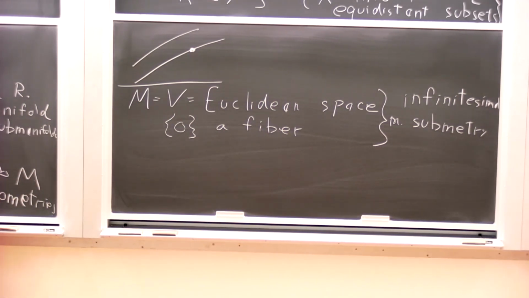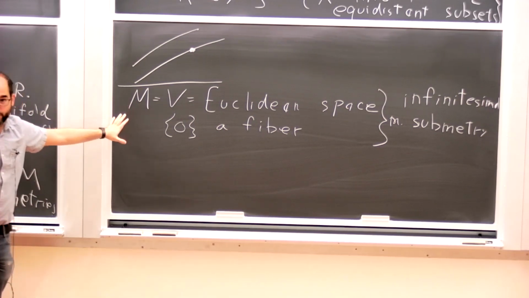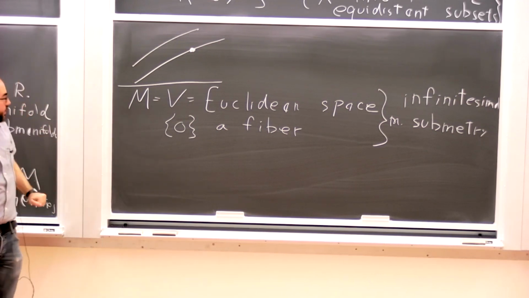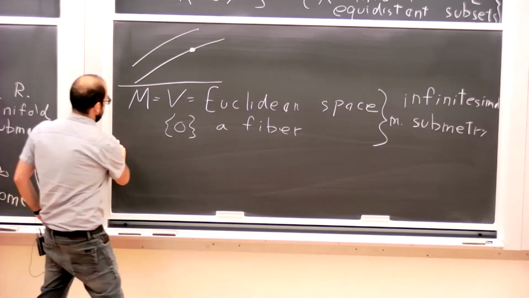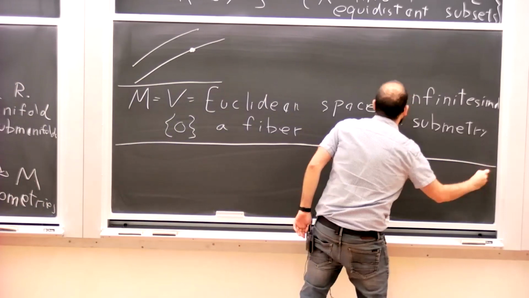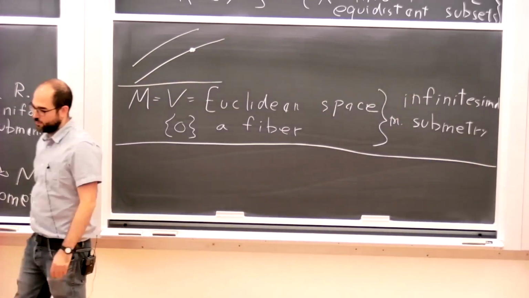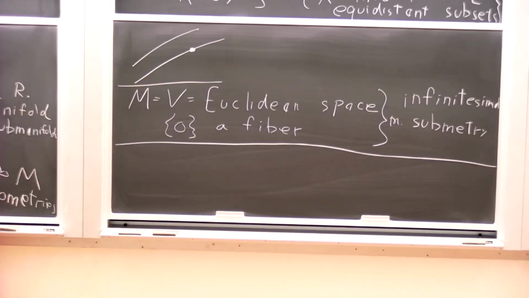If you take a point on a leaf and take the normal space, in that normal space you have something like this. So the infinitesimal picture around the point looks like this. That's why it's called infinitesimal. That's the case I want to look at.